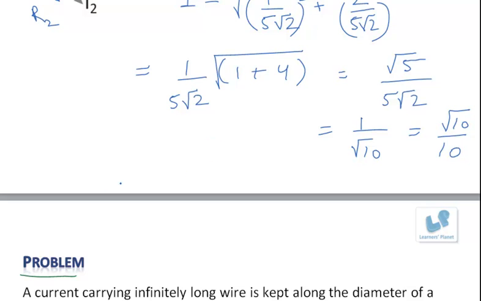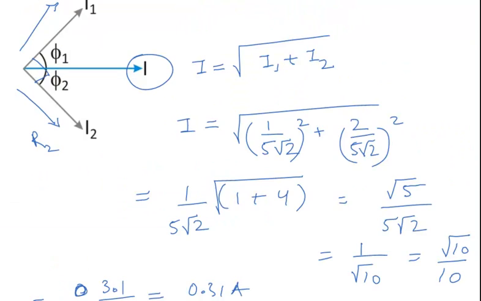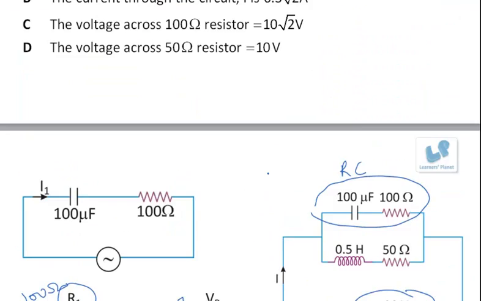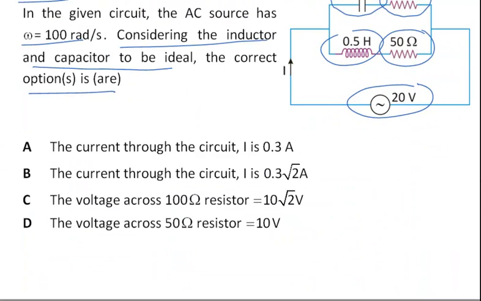The value of root 10 is roughly 3 point something, divided by 10. We will have 0.31 ampere as the current flowing from the AC source. So the current flowing in the circuit is 0.31 ampere. Okay, so this option is correct.